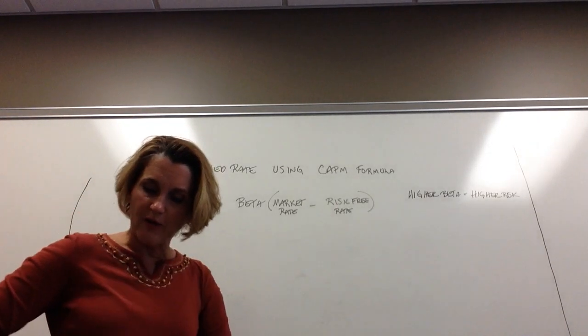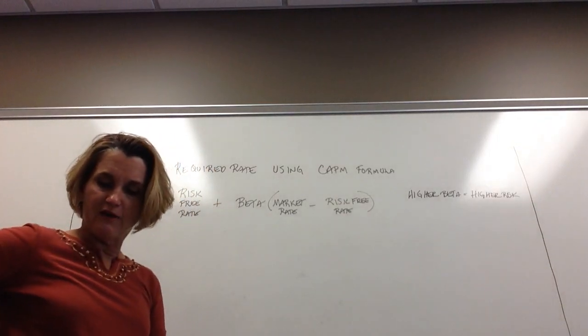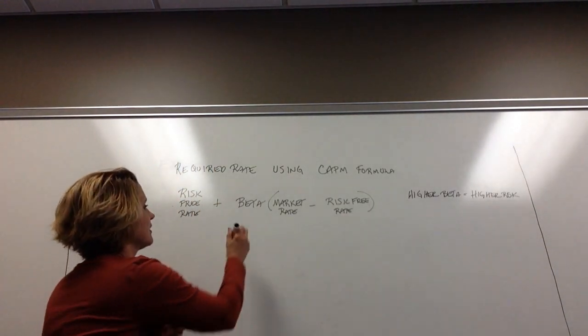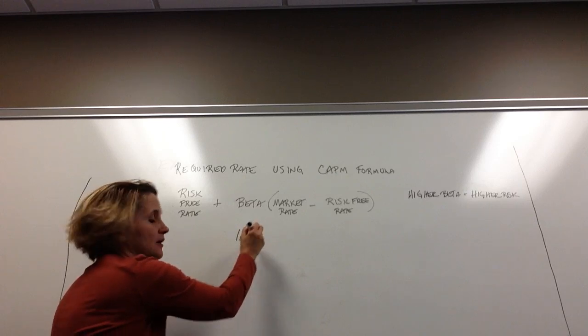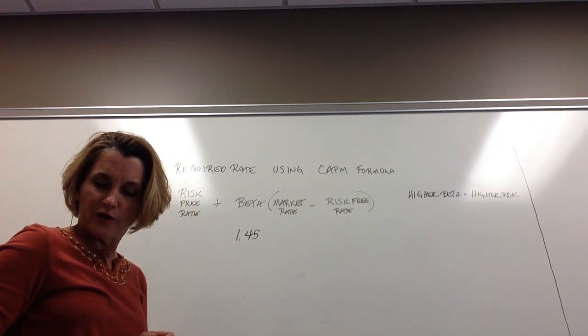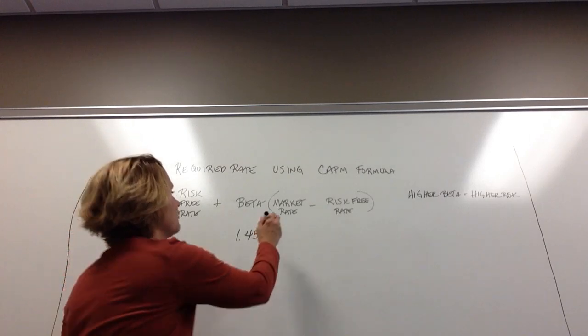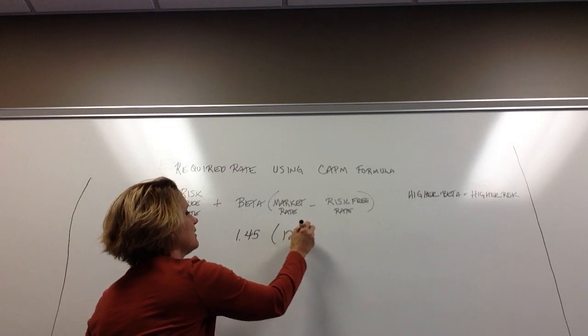So then we have a problem where this manufacturing company has a beta of 1.5, so that's going to go here. So again, it's a little bit riskier. And the required rate of return of the market, the entire stock market, is 12%, so that's our market rate.